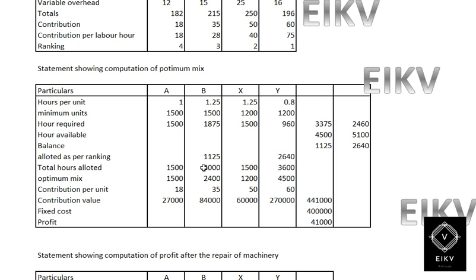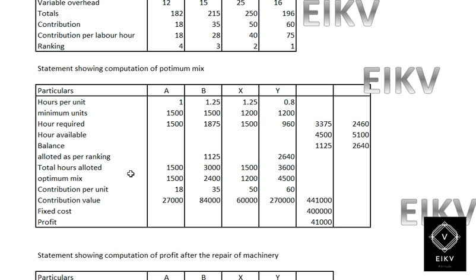After allotting this, we add the hours required for manufacturing the minimum units plus the allotted hours. After totaling, it will be 1500, 3000, 1500 and 3600.